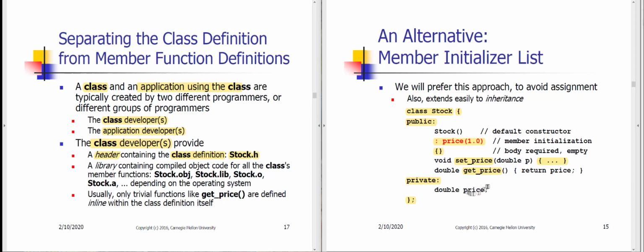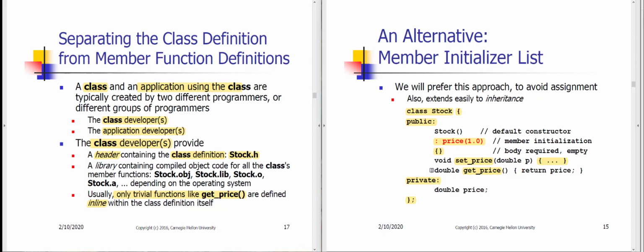Application developers can only interact with this price either by calling setPrice to modify it or getPrice to find out its value. Any attempt to access price directly is going to fail because price is private. It turns out, by the way, that only truly trivial functions like getPrice that just return values of data members or similarly trivial things are actually defined in this so-called inline fashion within the class definition itself.